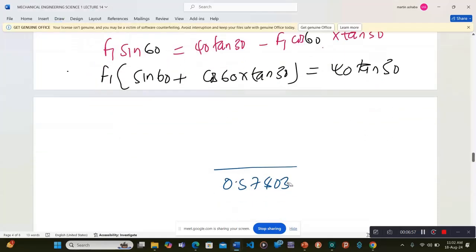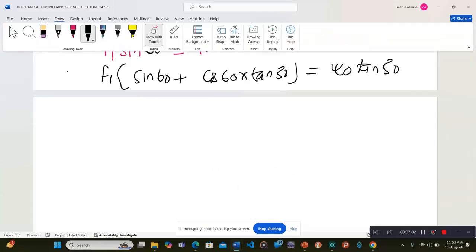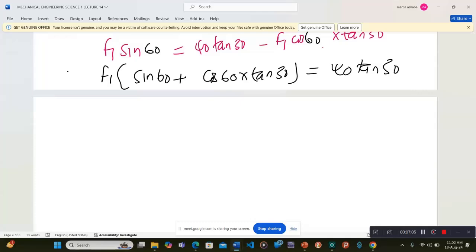So this will be sine 60 plus cos 60 times tan 30.